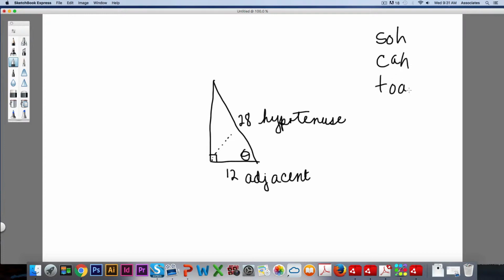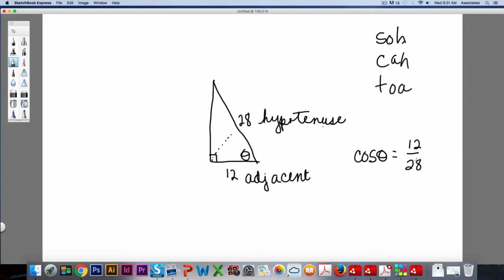It says sine has opposite and hypotenuse. So we have the hypotenuse, but we don't have any knowledge of this, nor do we want to find this. Cosine is the adjacent over the hypotenuse. That's what we have. So we would say that the cosine of this angle is 12 over 28. So we know now that it would be cosine.